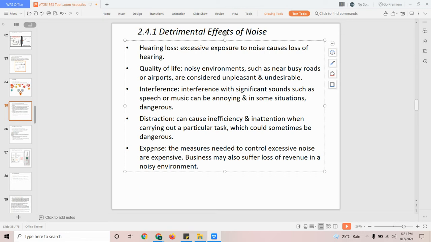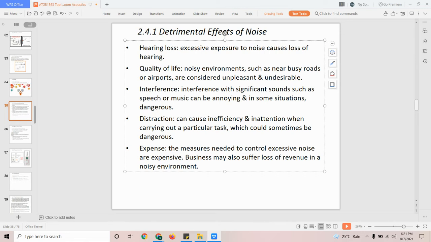And finally, when it comes to business, a commercial place, you're doing business and there's excessive noise at your area. This will actually drive your customers away. So these are a few factors that are detrimental effects of noise in our everyday life.